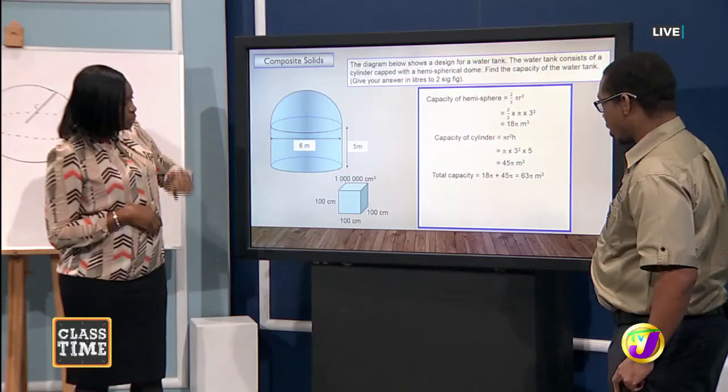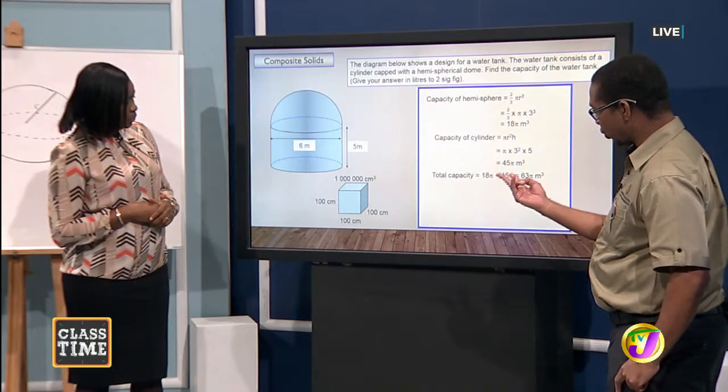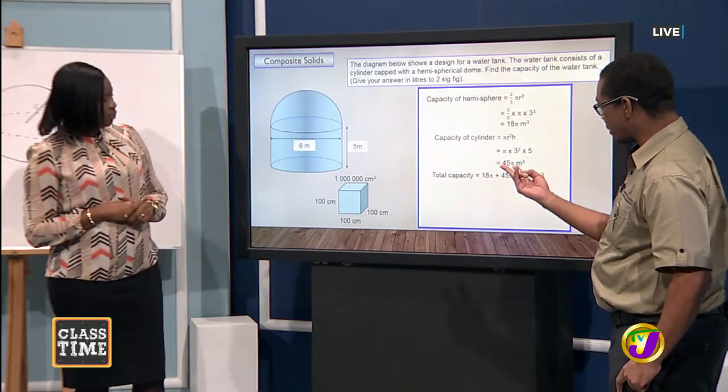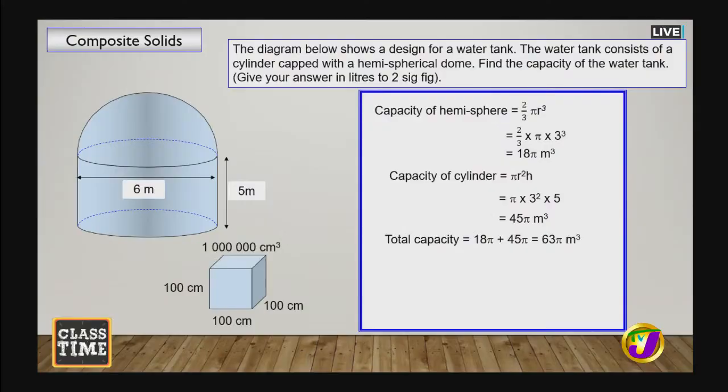Here we can see each dimension is 100 centimeters. The volume was originally 1 meter multiplied by 1 meter multiplied by 1 meter, and we changed those values, those 1 meter, to centimeters, which is 100 centimeters each.